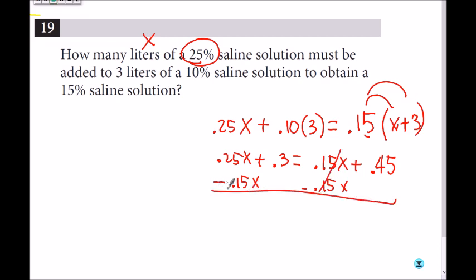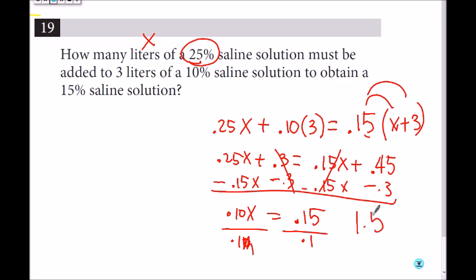So I get 0.10x, and let me move this minus 0.3, equals 0.15. So when you divide by 0.10, which is 0.1, right? So it becomes 1.5, right?